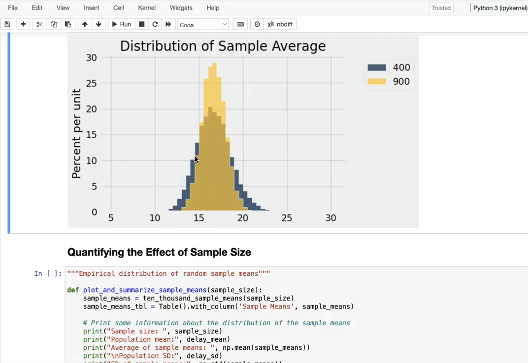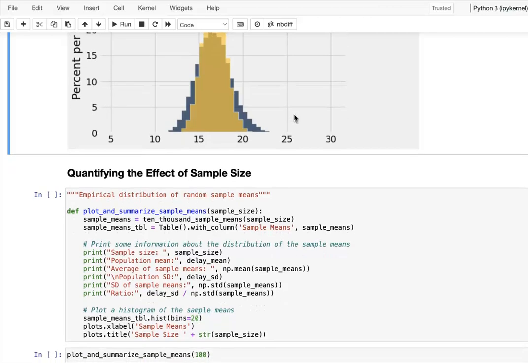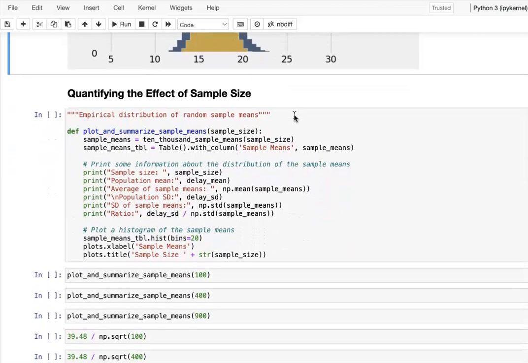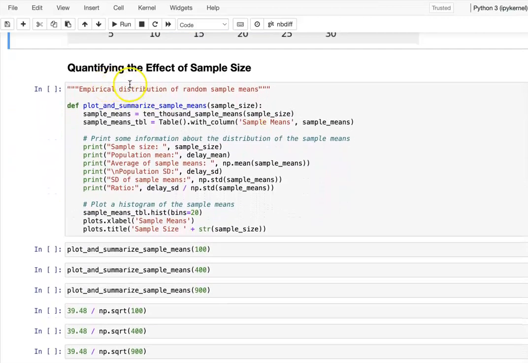But not enough, right? This one is 400, this one is 900. How about we do one more test? Here we try to quantify the effect of the sample size. Earlier we saw they have similar bell curve distributions and their centers are very close, but the only difference is the interval.